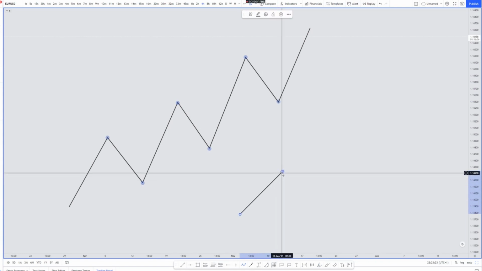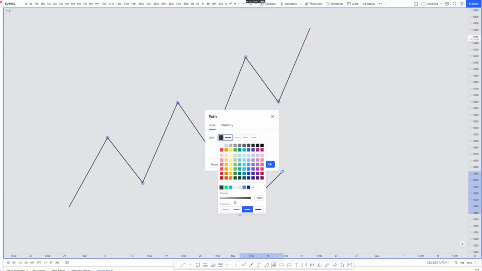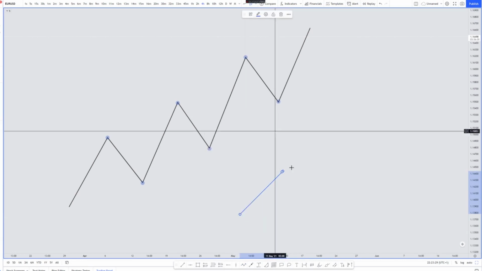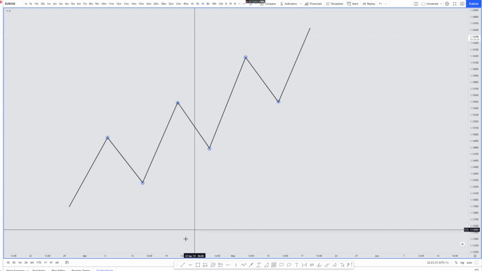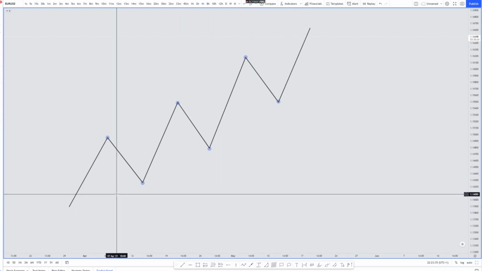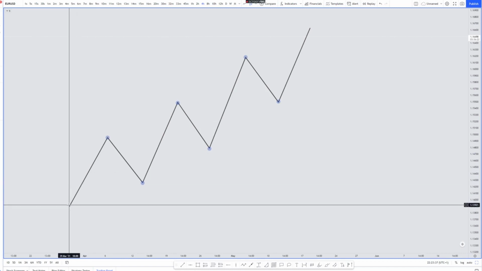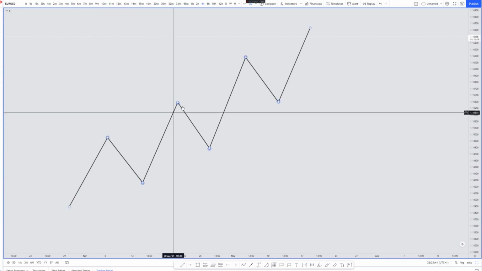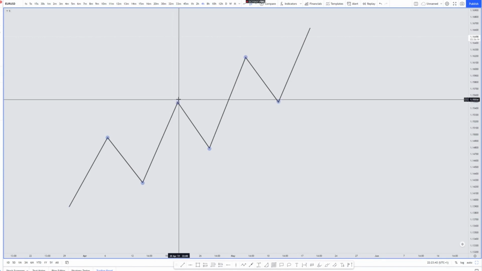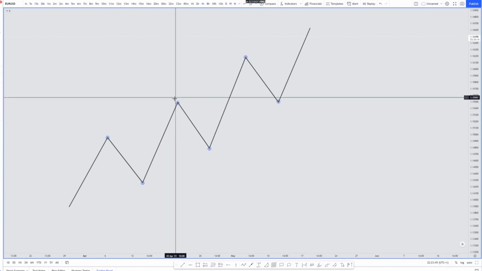But just before we get going, I'm going to change this to a blue and we'll go a little smaller. So the blue will represent 15-minute. Just before we start on that, I want to talk a little bit about this. So as the market's making higher highs, higher lows, higher highs, at this point the trend is confirmed bullish.